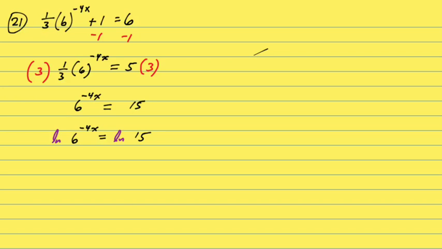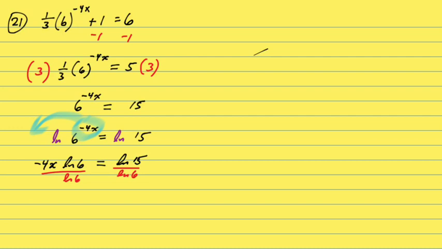Then there is a property of all logarithms that allows you to take an exponent and pull it out front. So that makes it -4x ln 6. The opposite of multiplying by ln 6 would be to divide by ln of 6.